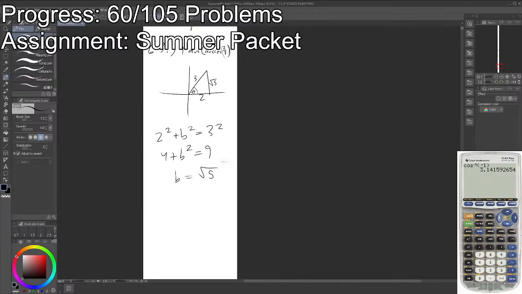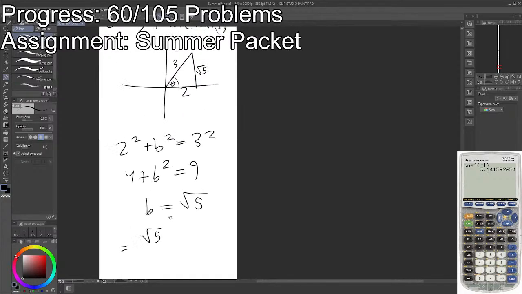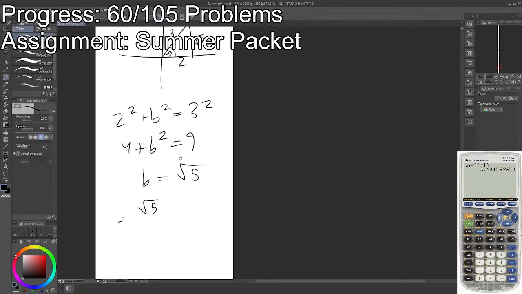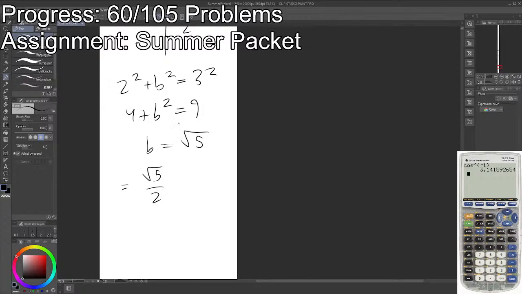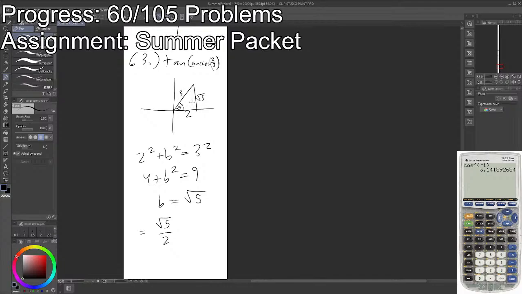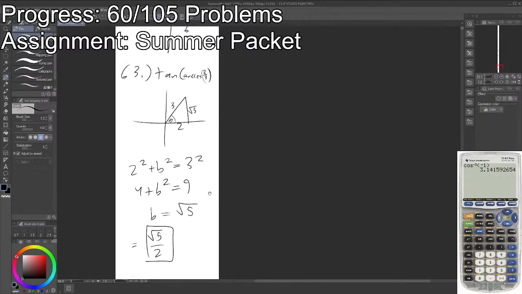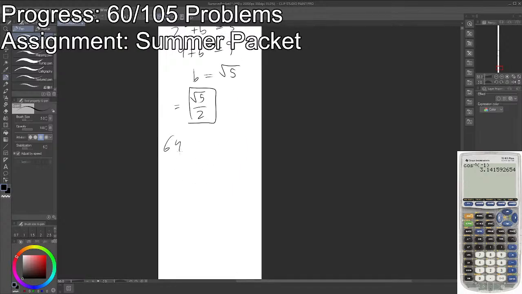So we're finding tan, which is square root of 5 over 2. Easy. Actually easy one for once.